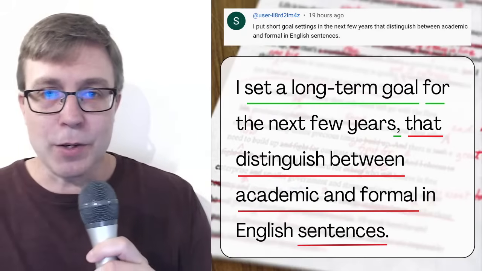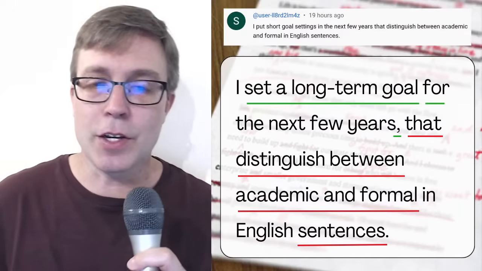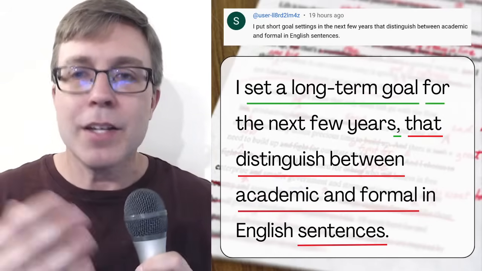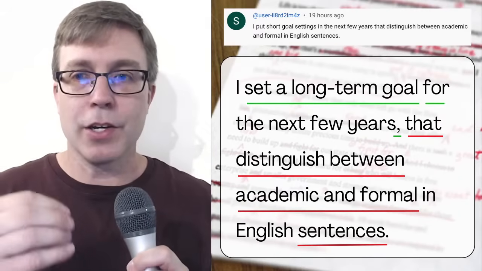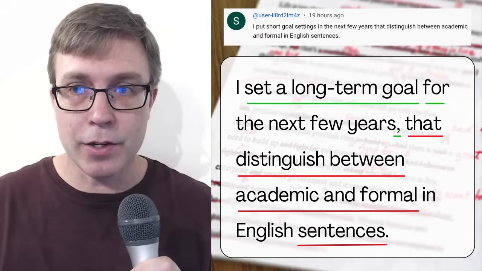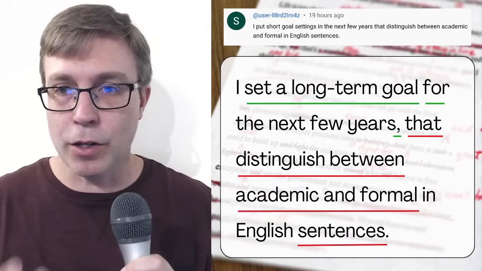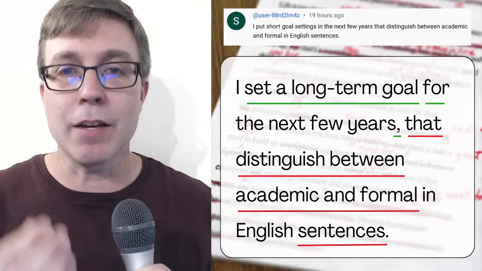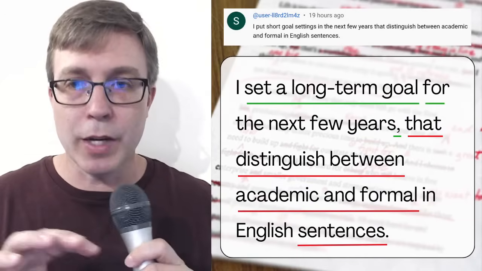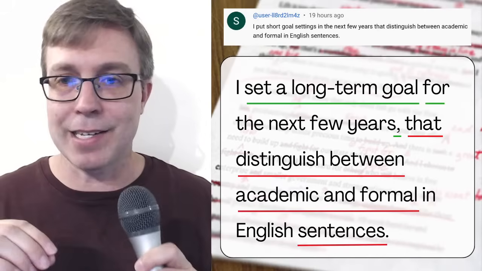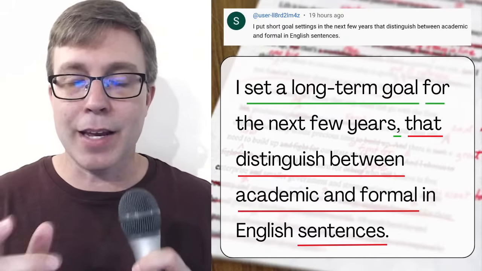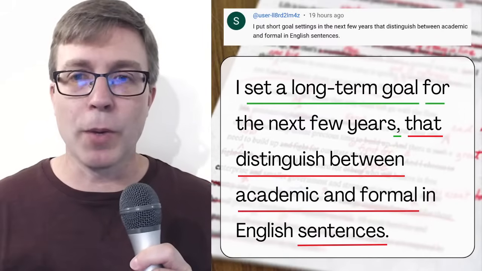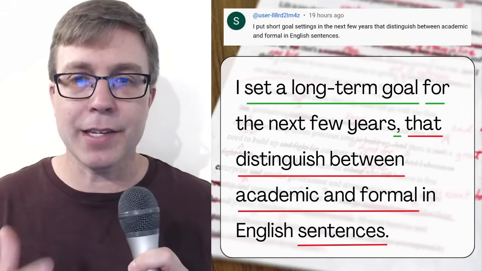What would we do? Instead of that, because again, I put that comma there, you could tell, okay, we're going to change that to which. It's going to be that clause, which, and then we're going to need a verb. So we're going to need to extend this sentence out. And the other thing that I would say, academic and formal are adjectives in this case.